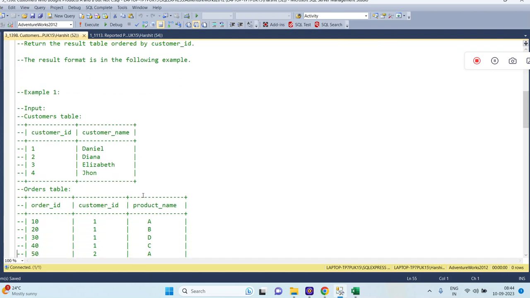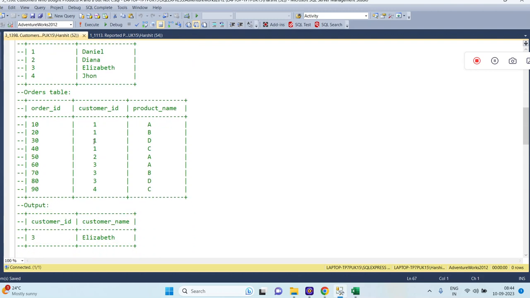The result format is in the following example. So this is the customer table they have given us, and this is the orders table. If you see over here, customer ID 1 has purchased A, B, D and C. But what is our requirement?